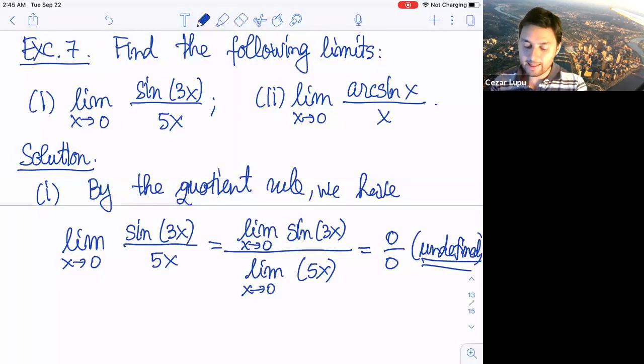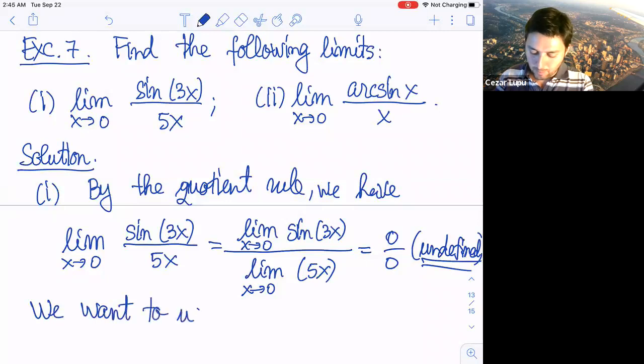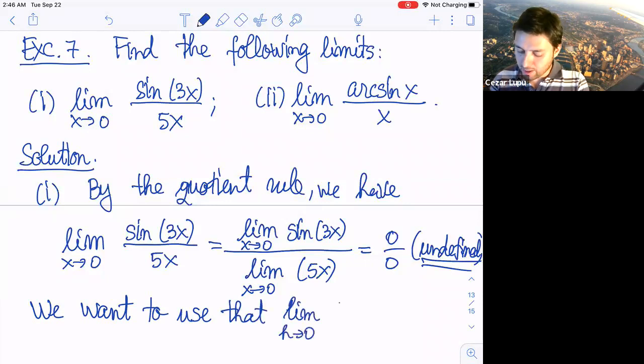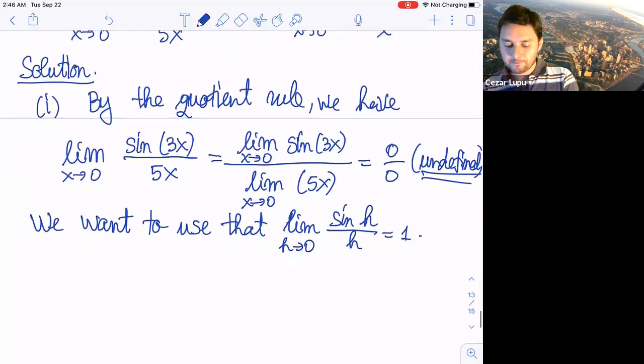So let's use that. So let's see, how should we do that?